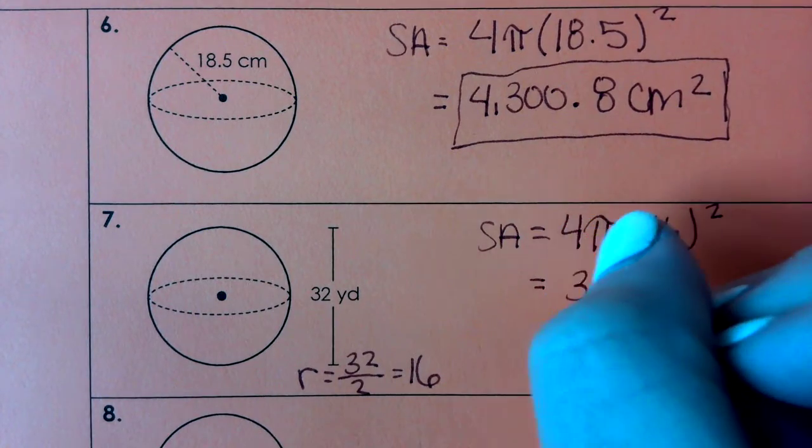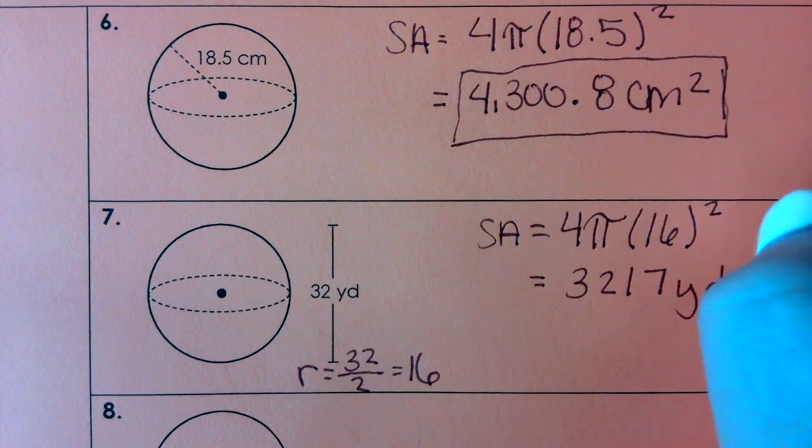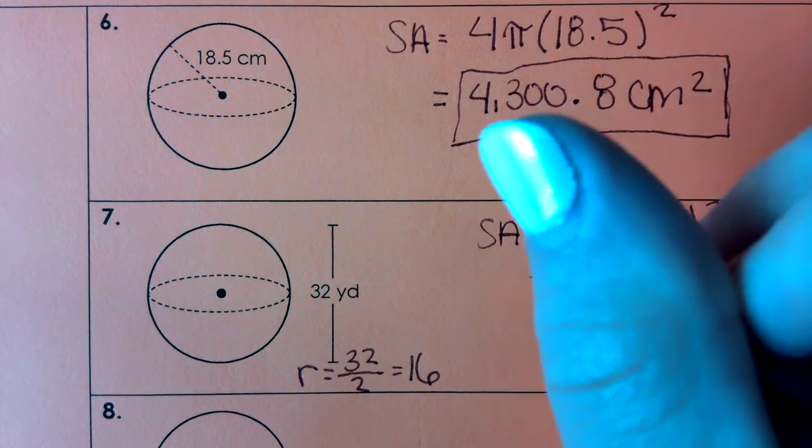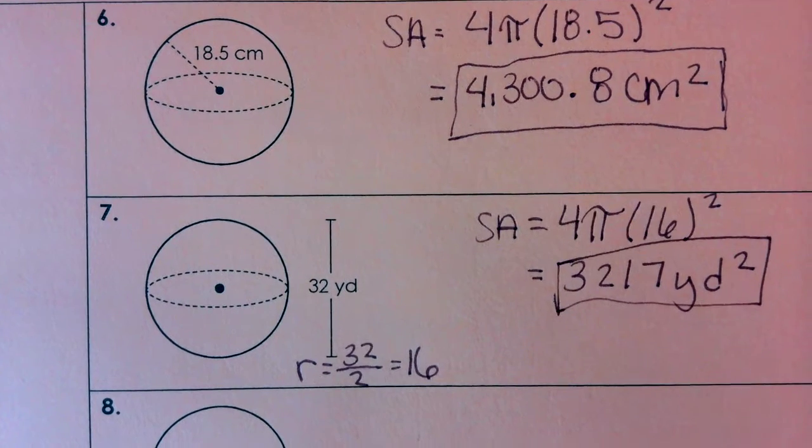And then 3,217, I heard somebody say, yards squared. So, do we have any questions on cones and their surface area, spheres and their surface area, spheres and the volume, anything like that? All good?